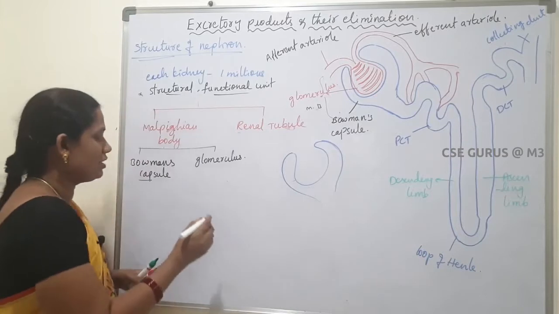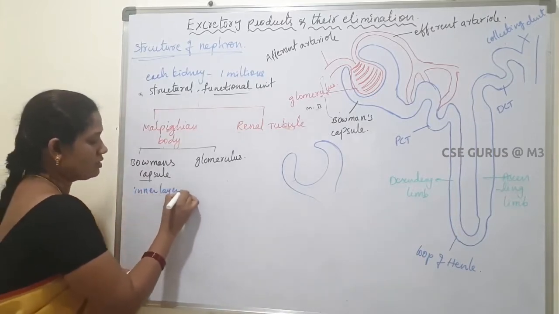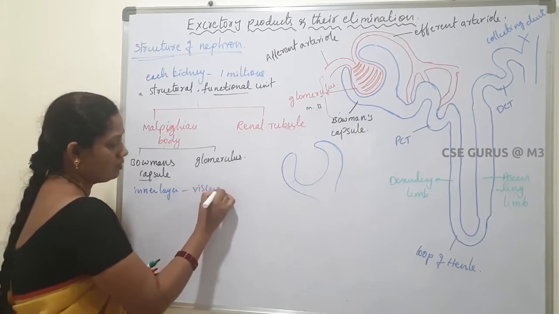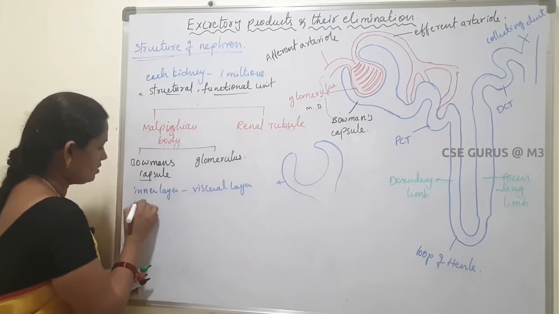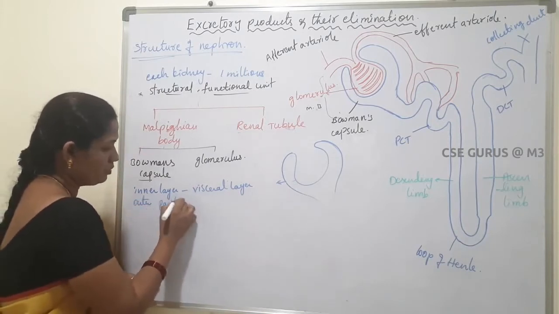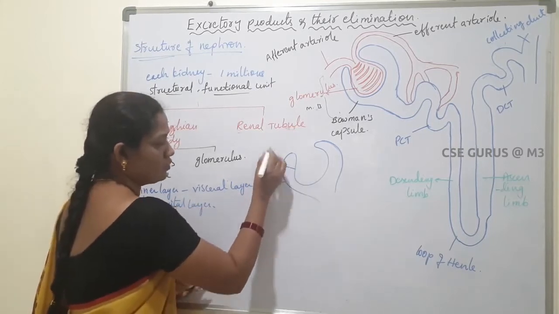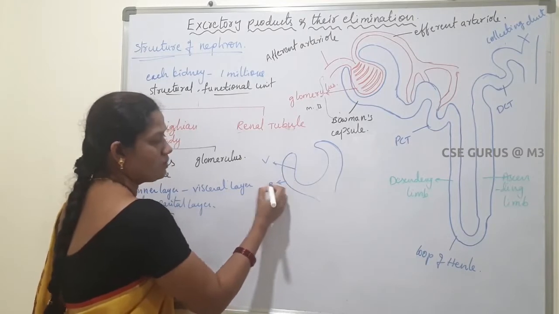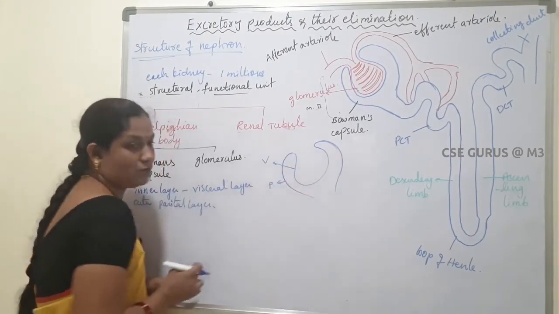The inner layer is the visceral layer, and the outer layer is the parietal layer. In between these two layers, a cavity is present.